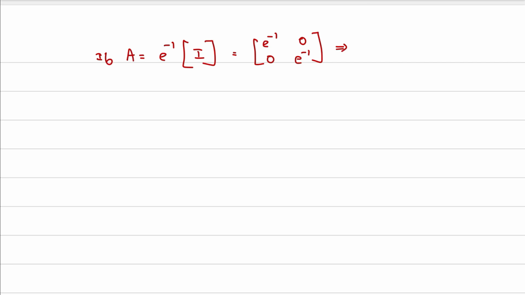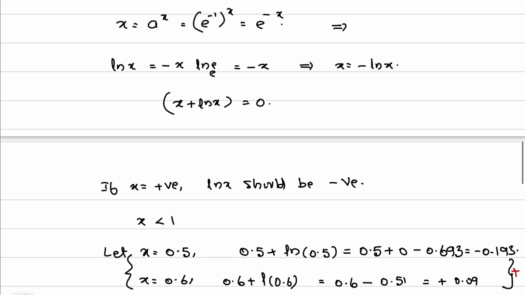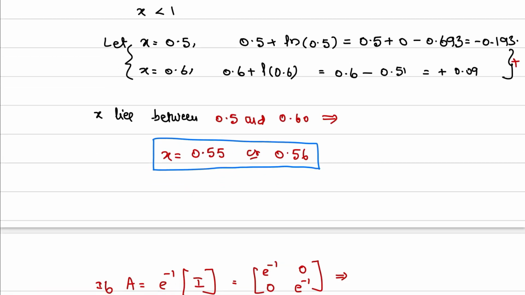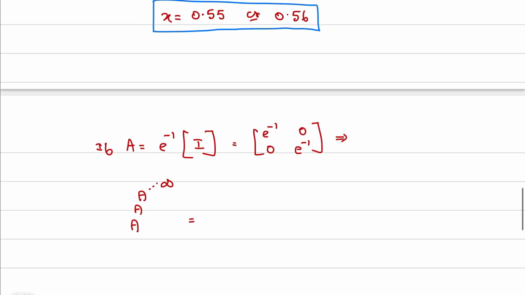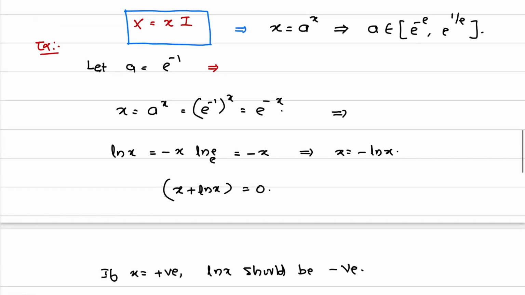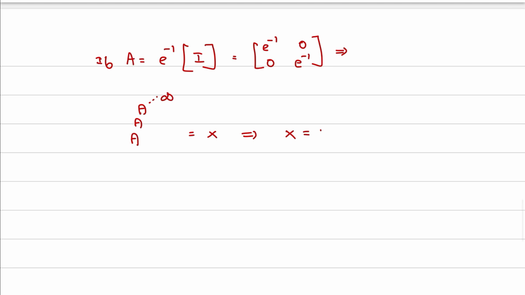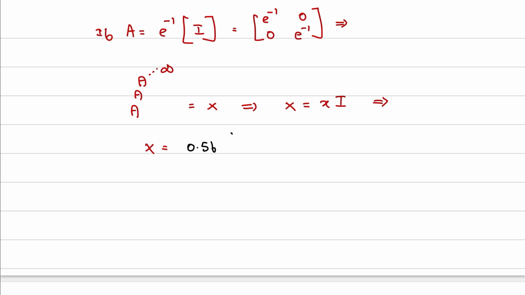Then a to the power of a to the power of a up to infinity is equal to x, implies x is equal to x into I. Small x into I. That implies x is equal to, what is x value here? 0.56, let us say. 0.56 into I. This is the answer.